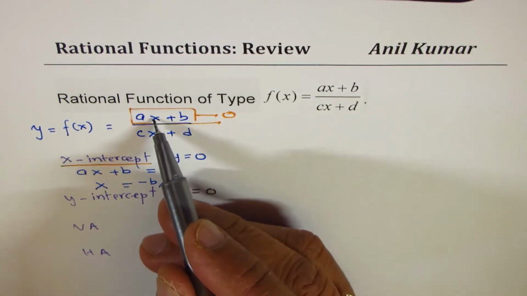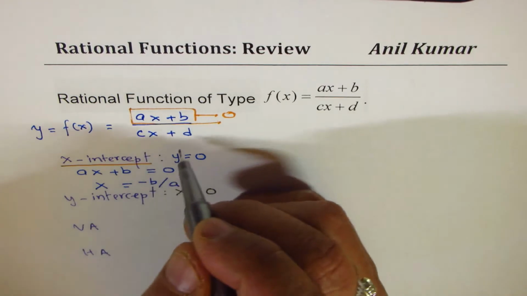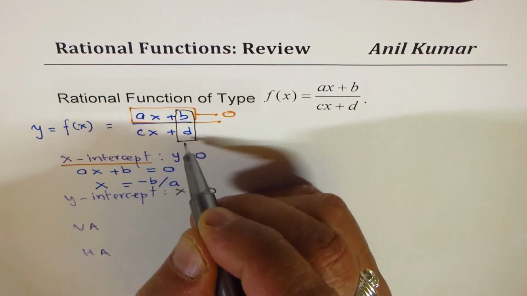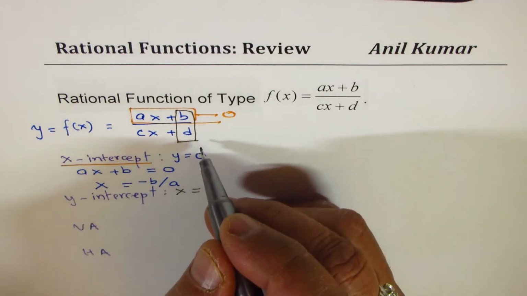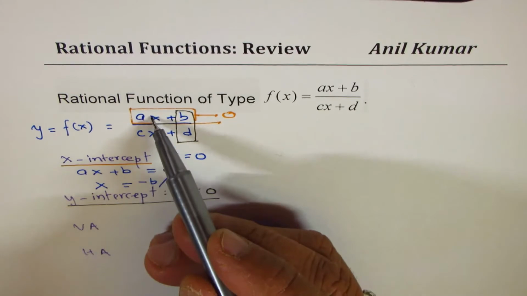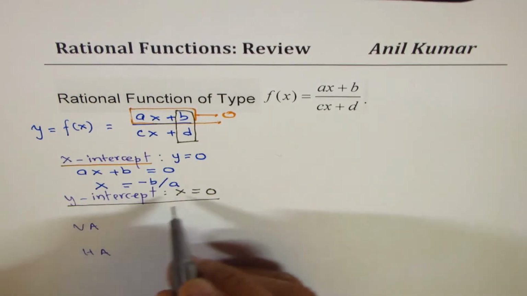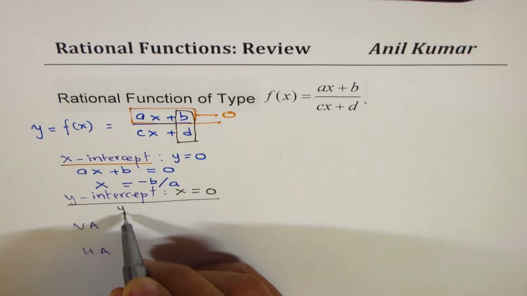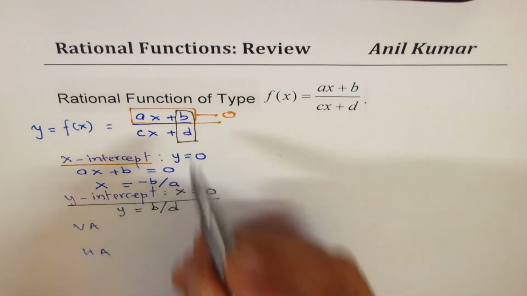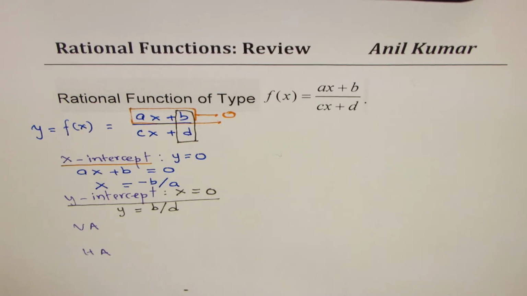These two terms are 0, so you're left with b over d. So that becomes the y-intercept. So y-intercept is y equals b over d. Do you get it? As simple as that.